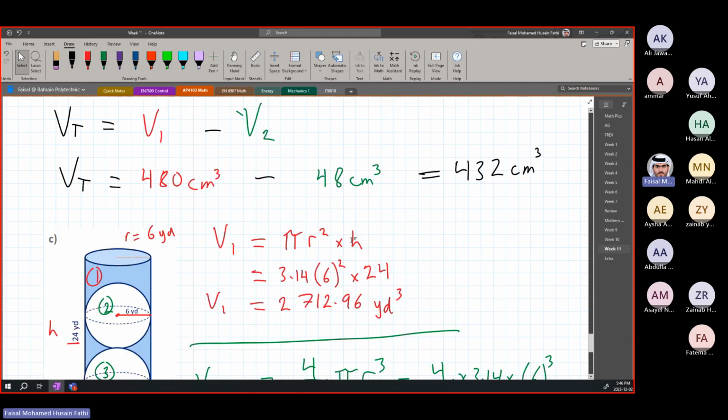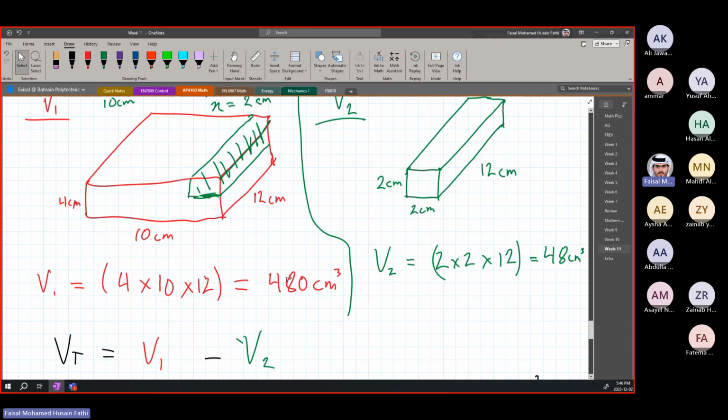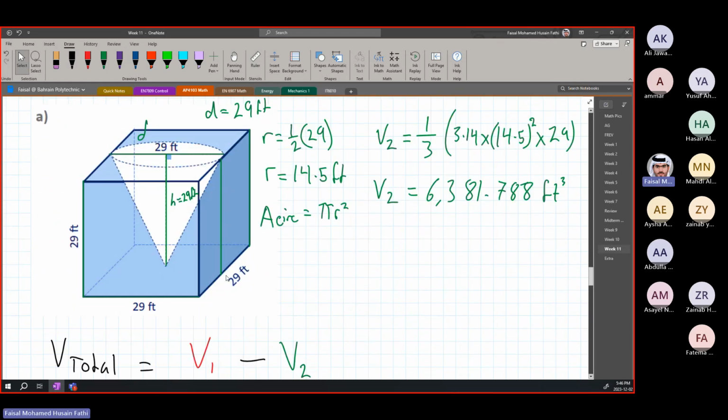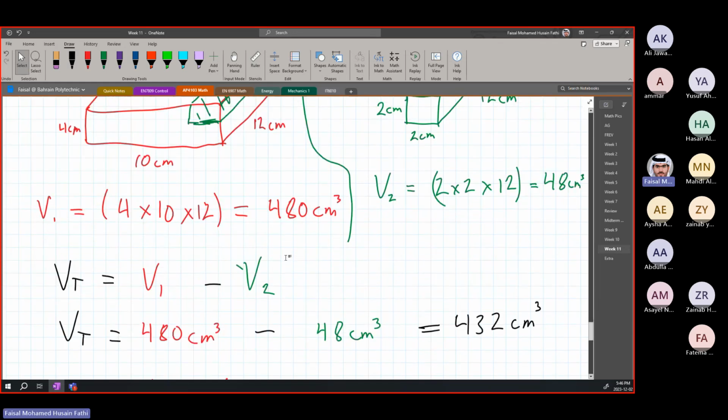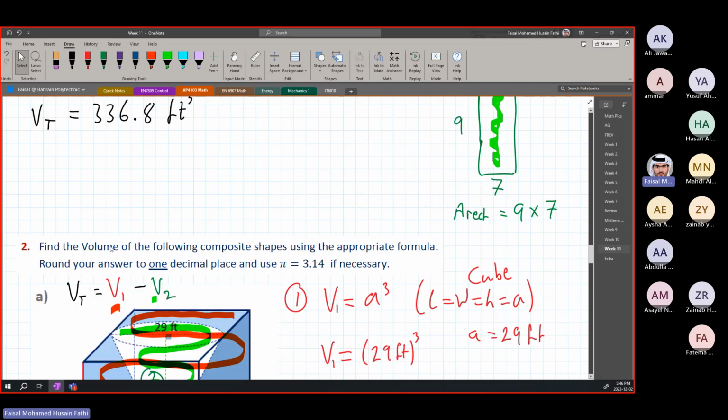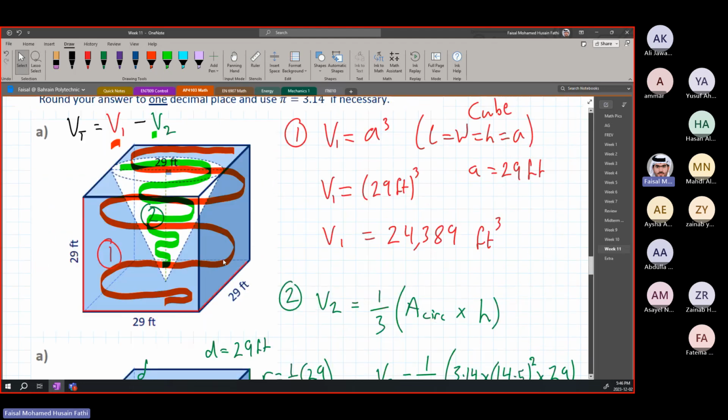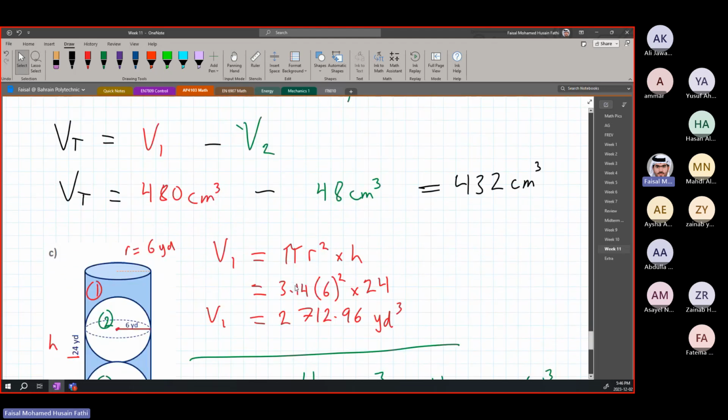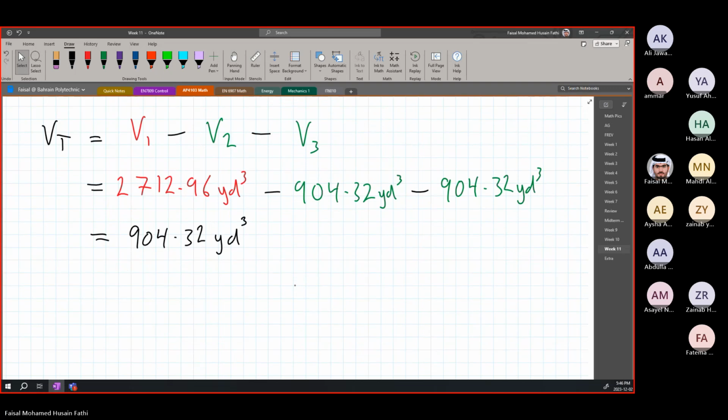Keep in mind, what did the question ask at the very beginning? If we read the question again, I didn't copy the question, I think. Where is it? No, I did. Here. Round your answer to 1 decimal place. So we have to round our answer to 1 decimal place. How do you round to 1 decimal place?